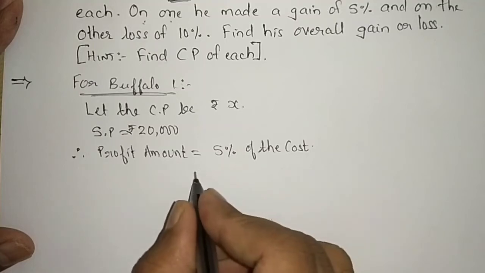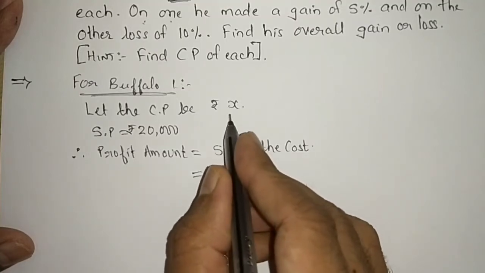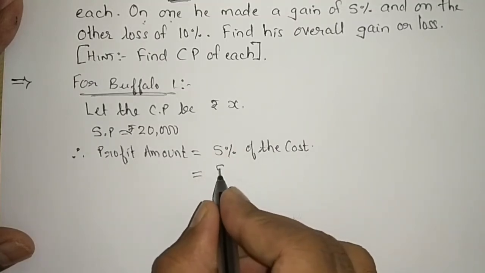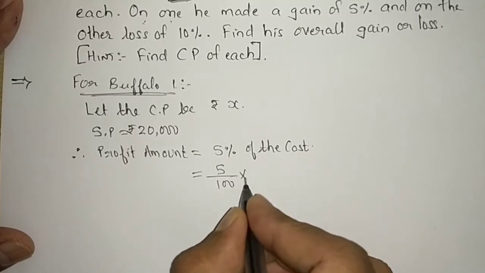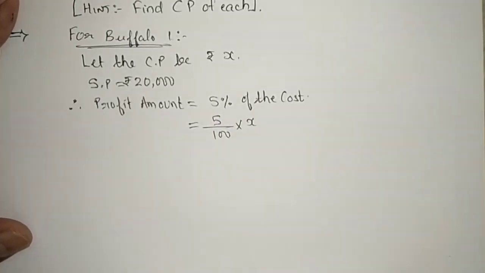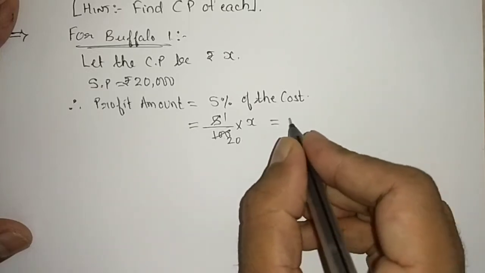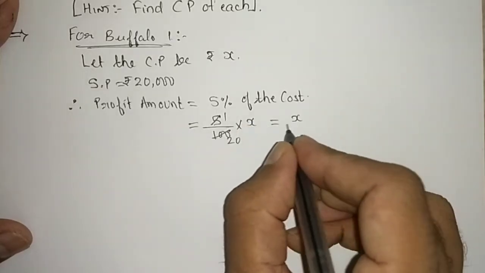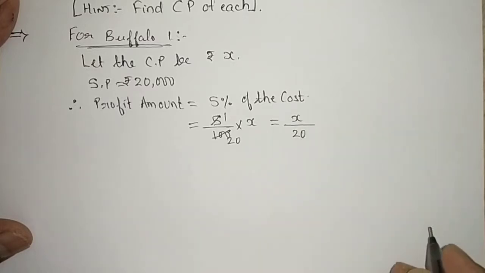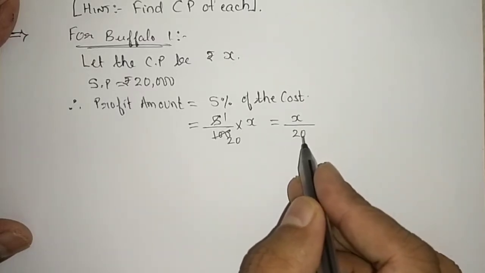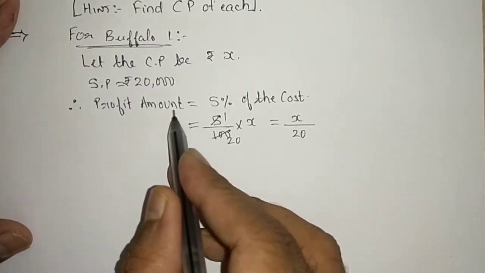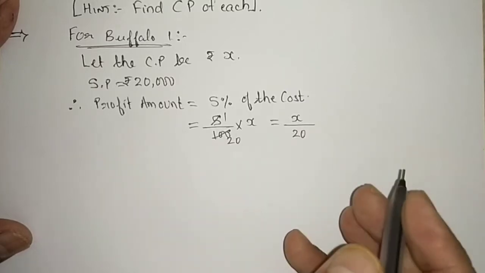But do we have the cost? No. Instead of that we will write X. So 5 divided by 100 into X. Now we will cancel out: 5 ones are 5 and 5 twenties are 100. So we will get X divided by 20. This is our profit amount for buffalo 1.